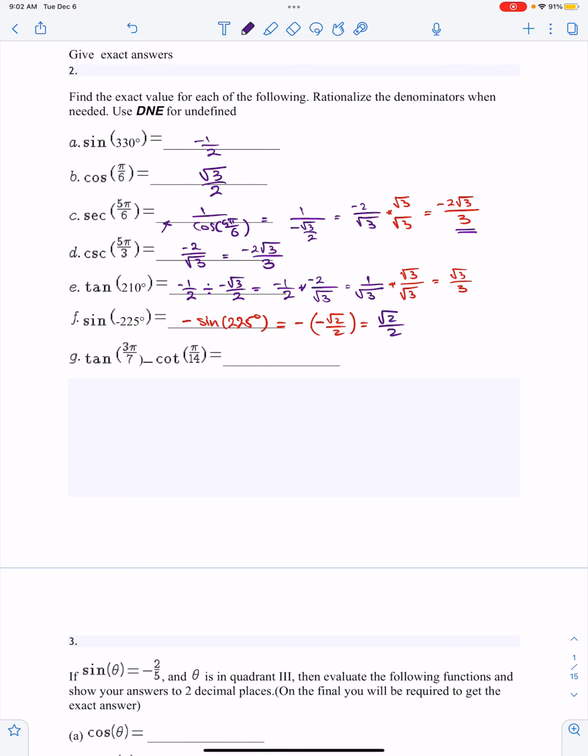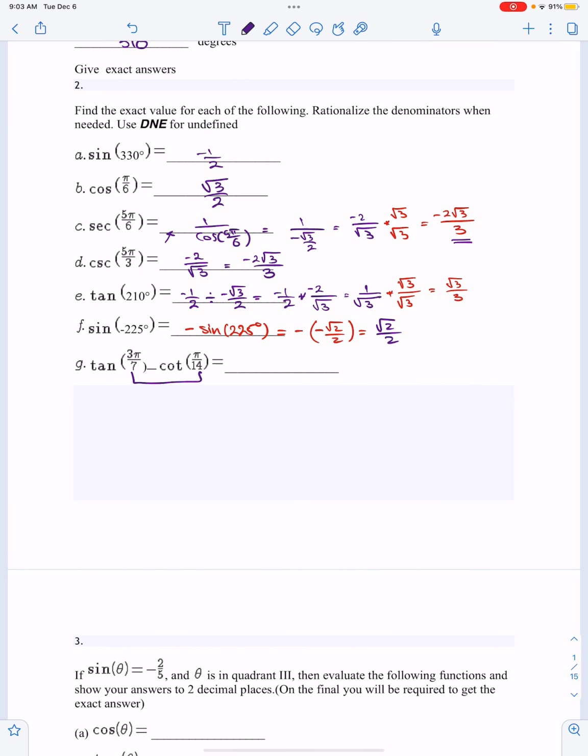And the last one here, we have tangent and cotangent. Those are cofunctions. We know that cofunctions are equal if the sum of the angles is equal to 90 degrees or pi over 2, which means they are complements. So that is the step that I'm going to do to check. 3 pi over 7 plus pi over 14, is that equal to pi over 2? Let's check.